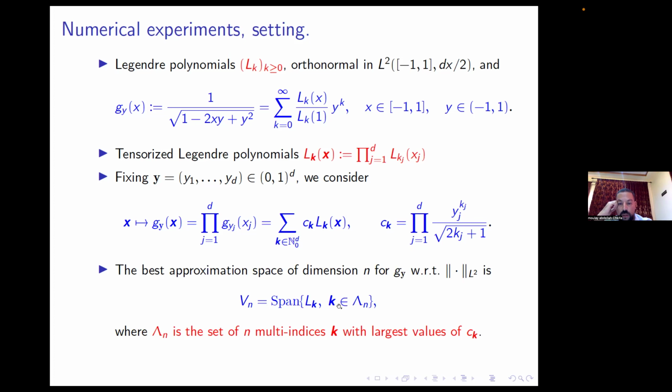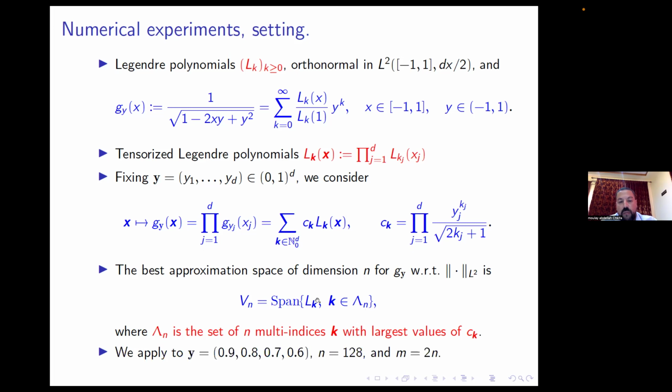Here, lambda of n is the set of n multi-indices k with the largest Ck. Actually, these coefficients are non-increasing, decreasing in the multivariate sense, and there's an algorithm so that we can find the corresponding indices. So these sets of indices lambda n we can identify, and we can implement algorithms that find them once we have the coefficients.